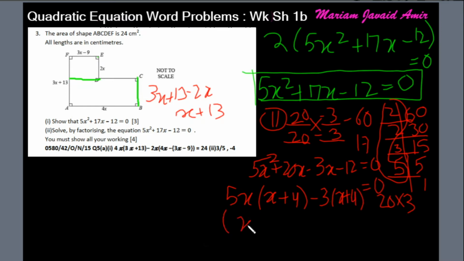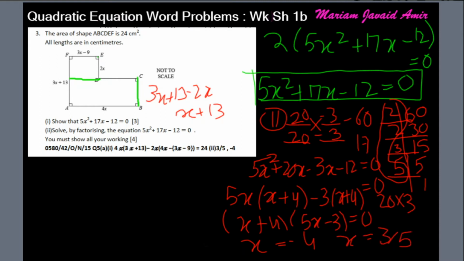We get (x plus 4)(5x minus 3) equals 0. We get x equals minus 4, and x equals 3 by 5, which is the answer for part 2.